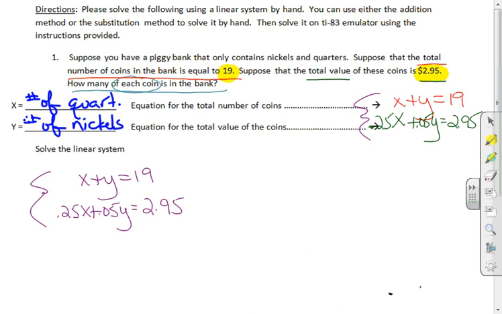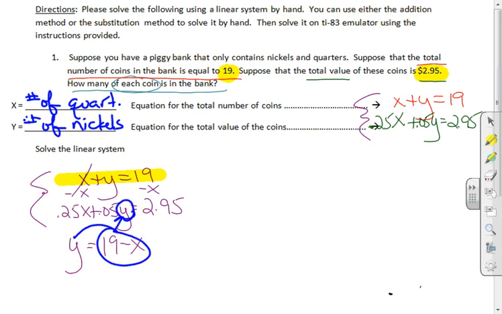Okay? What I'm going to do is apply the substitution method because I'm going to look up the top equation and say, you know what, it's very easy to get a letter by itself there. And what I'll do is I'll subtract x from both sides to get y by itself. So I'm going to rewrite that equation as y equals 19 minus x. From there, because I know what y is, that it's 19 minus x, I could plug it into that value for y.